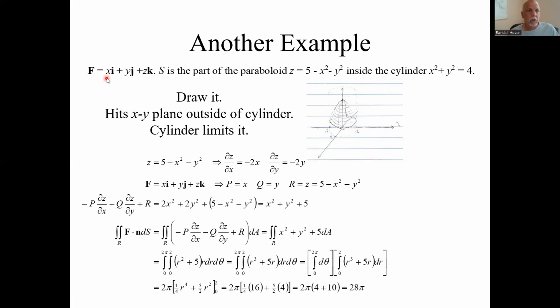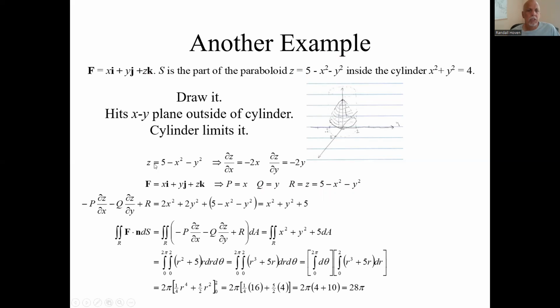Here's our F. So P is x, Q is y, R is z. We have to express everything in terms of x and y only, so we make the z part equal 5 minus x squared minus y squared. So P is x, Q is y, R is 5 minus x squared minus y squared.